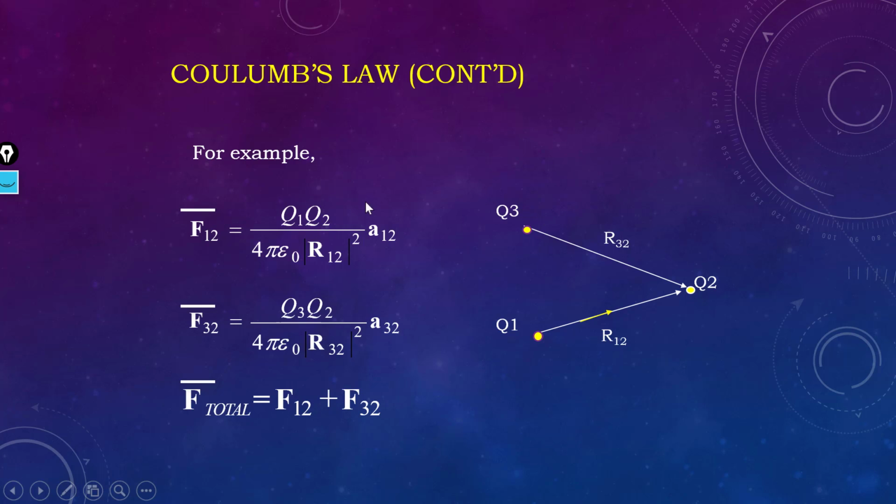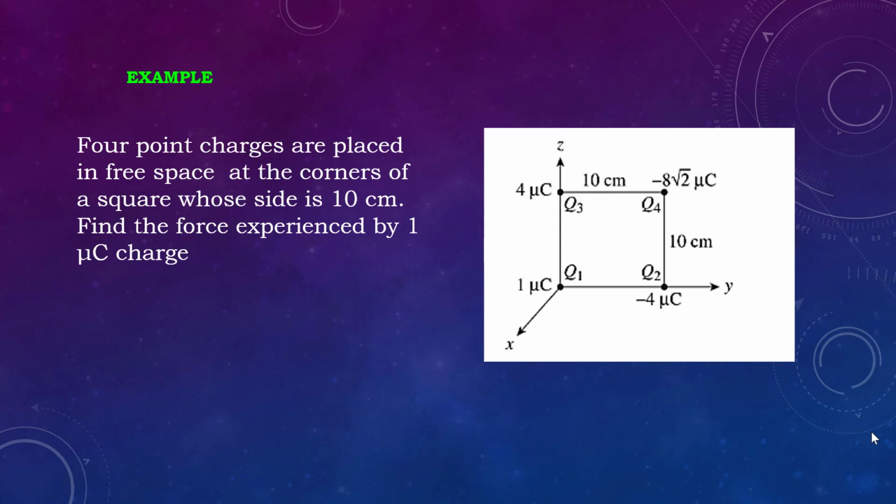Both these forces can be separately written as F12 is equal to Q1 multiplied by Q2 divided by 4 pi epsilon naught R12 square into a cap R12, and F32 is equal to Q3 multiplied by Q2 divided by 4 pi epsilon naught R32 square into a cap R32. Then the total force on Q2 is given by F total is equal to F12 plus F32, that is the vector sum of both these forces.